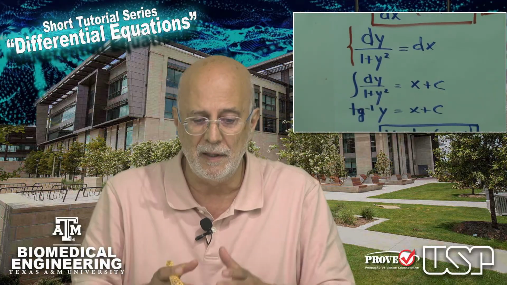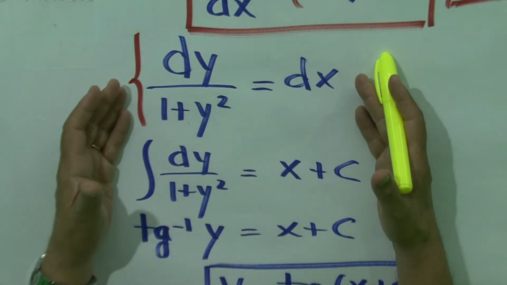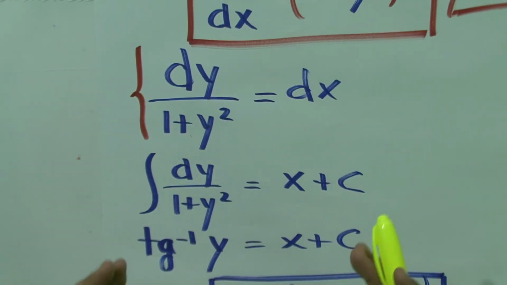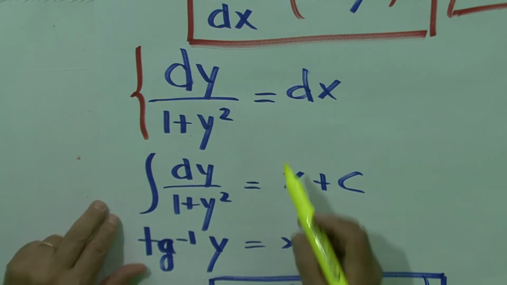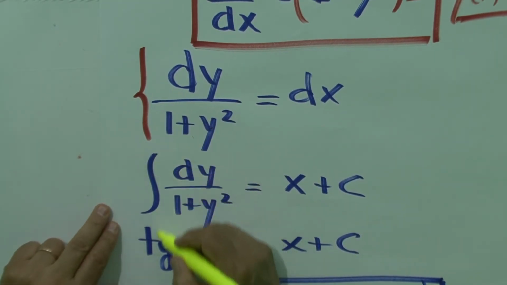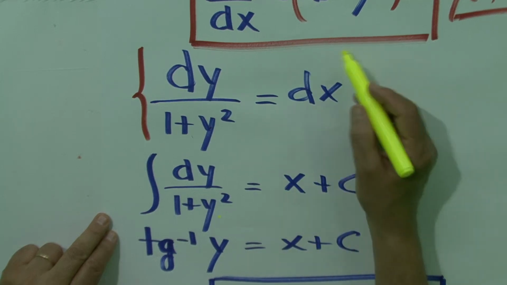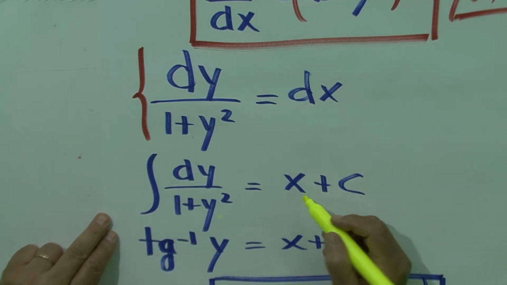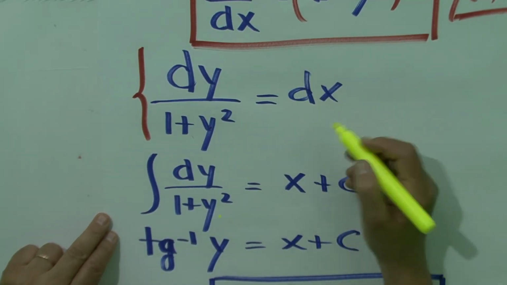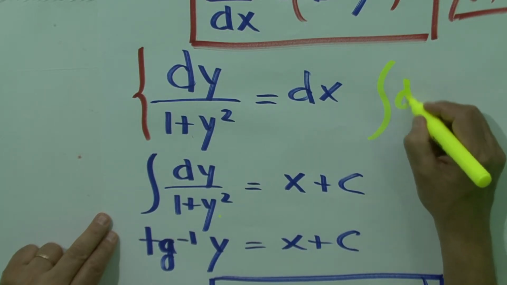We all know that if you have a mathematical equality, the integration is also true. And then I make the integration. The integral of dy over 1 plus y squared has to be the integral of dx, which is x. Everybody knows that.